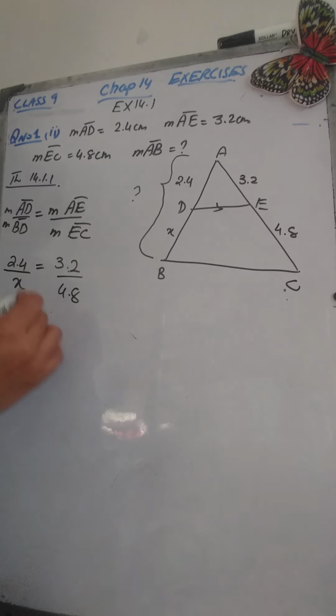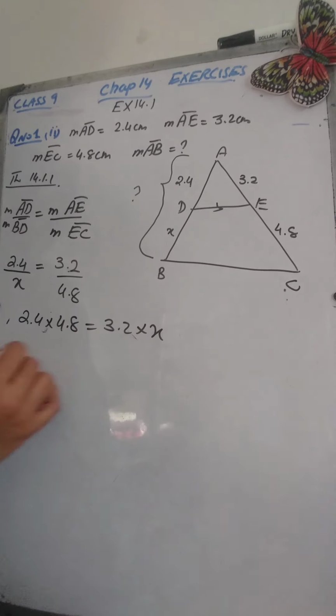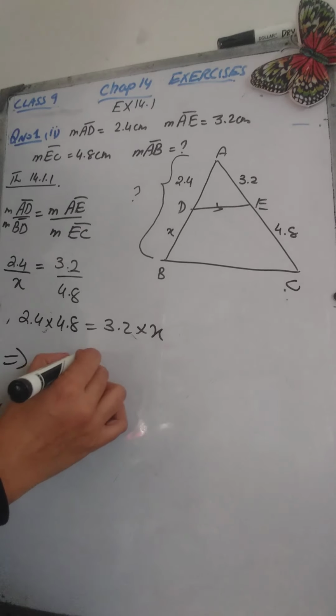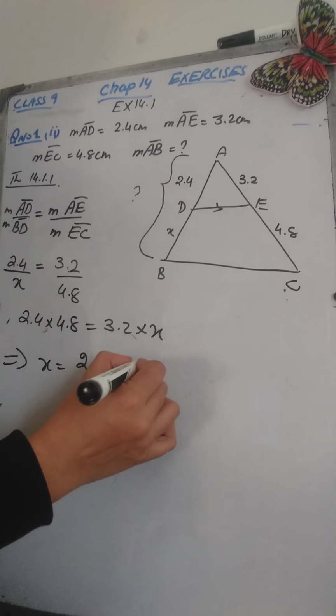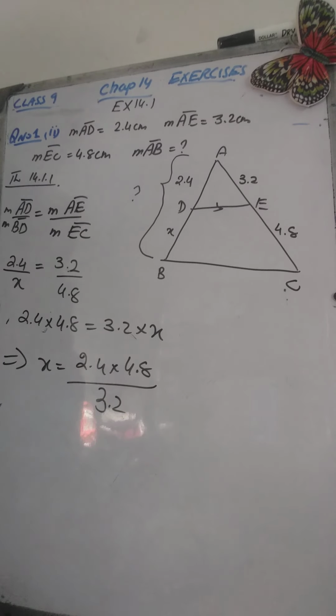Again, by doing the cross multiplication, 2.4 into 4.8 will be equal to 3.2 into x, and from here we can say that x is equal to 2.4 into 4.8 over 3.2, and by using the calculator you can easily calculate these values.